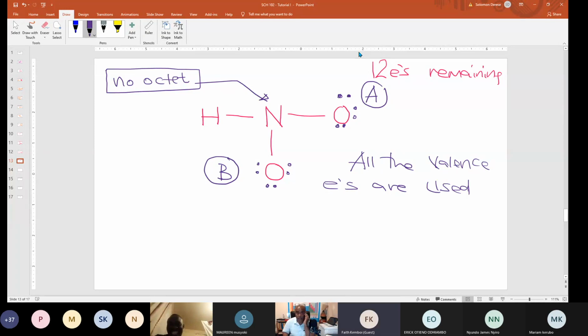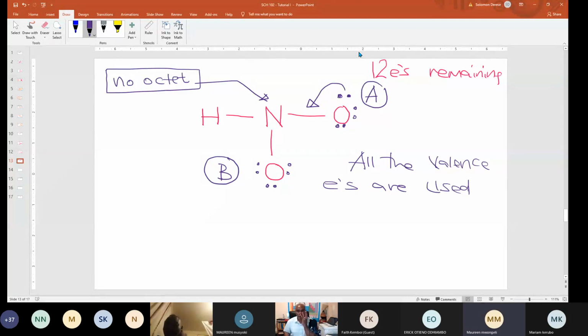So now we have two possibilities of forming a double bond with the nitrogen to give the nitrogen an octet of electrons, isn't it? So one possibility is like this. The other possibility is like that.